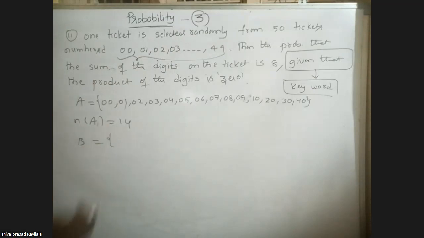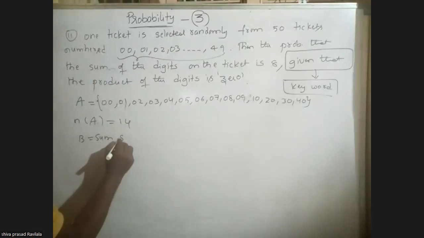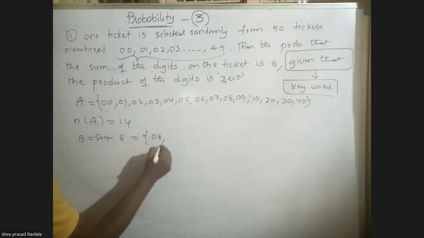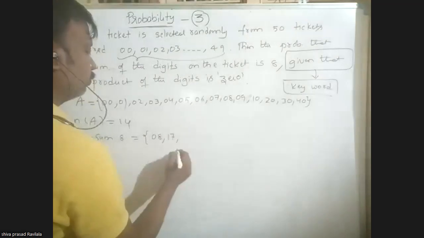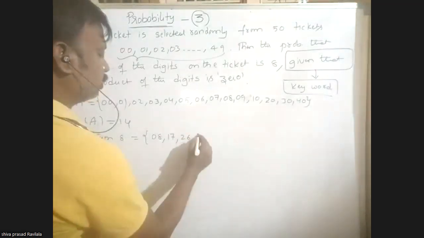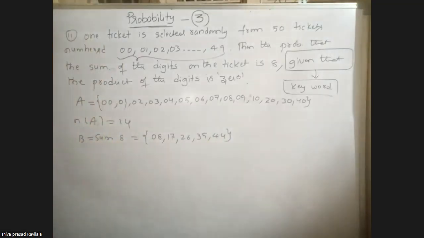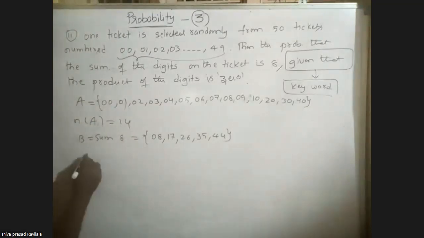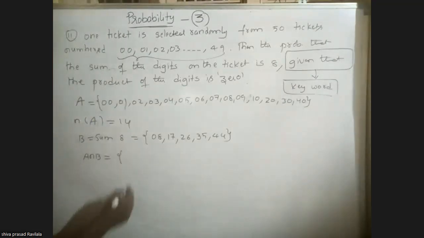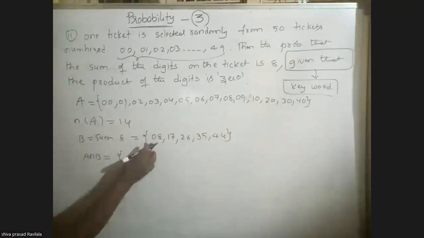Let B be the sum equal to 8 cases: 08, 17, 26, 35, 44. 53 is not there, since it is only up to 49. In this intersection, A intersection B is equal to 08.